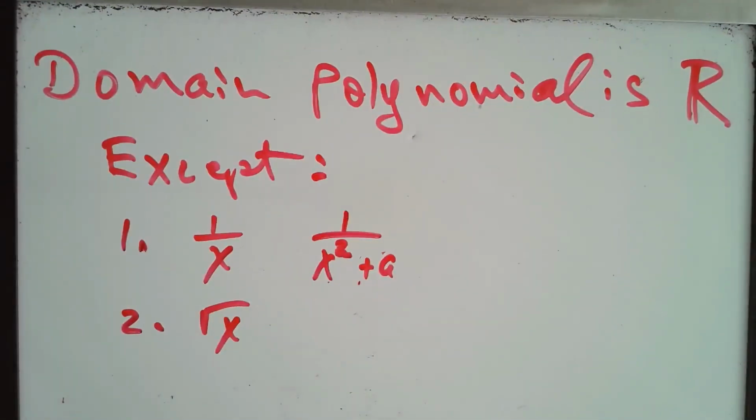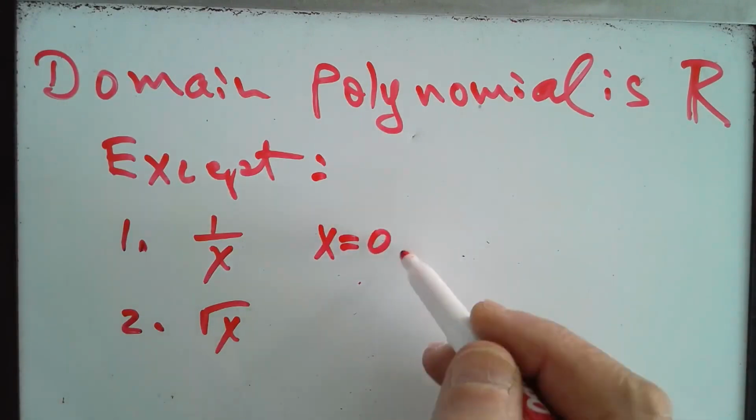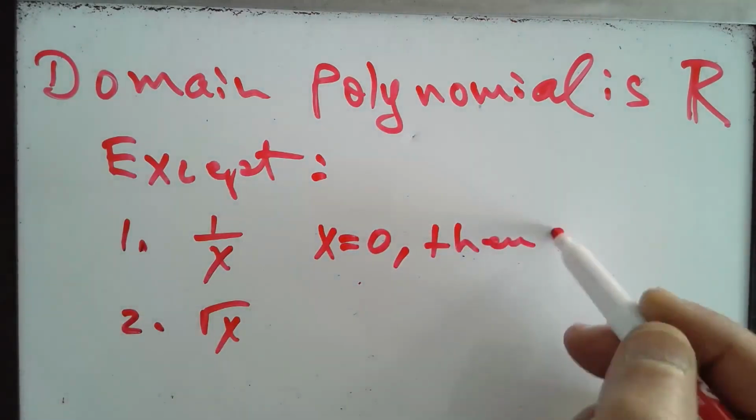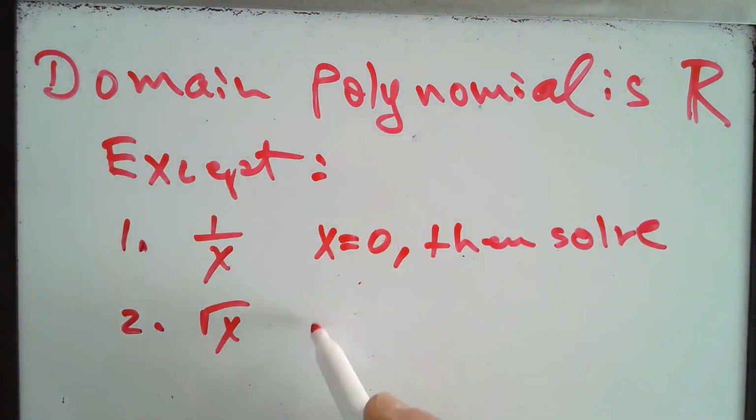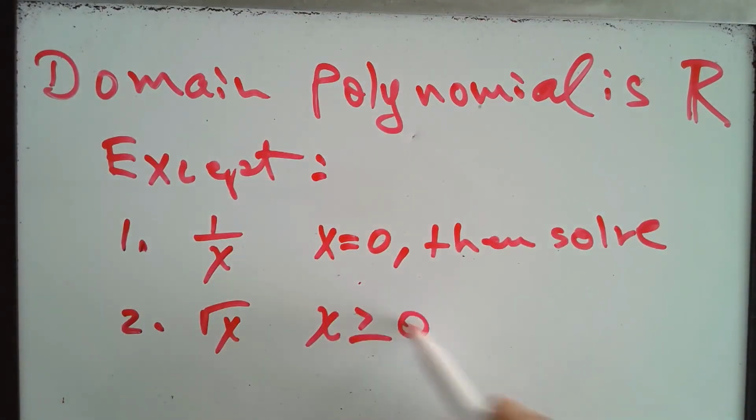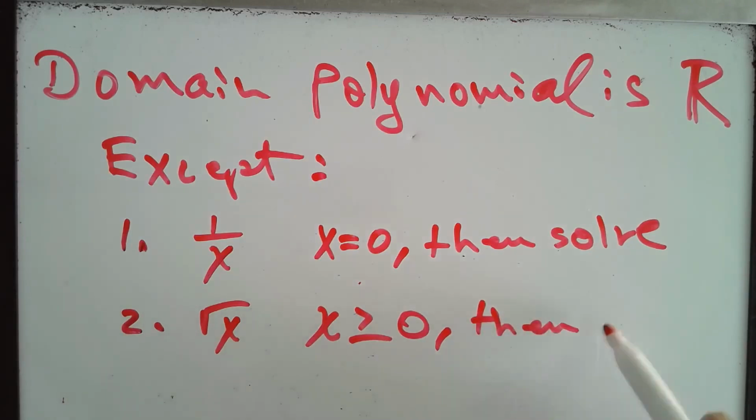So if x is in the denominator, we set the denominator equal to 0, then solve. And if x is in the radical, set the expression greater than or equal to 0, then solve.